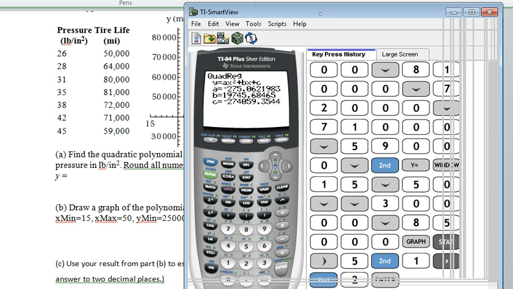So those are the coefficients in the quadratic equation, or quadratic function in this case.